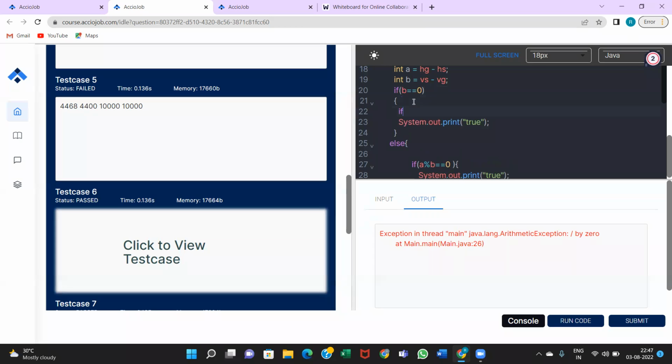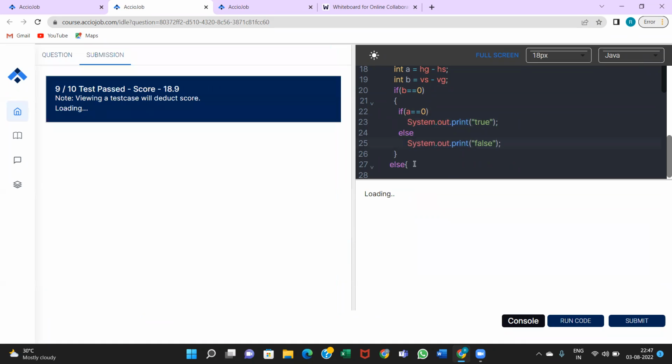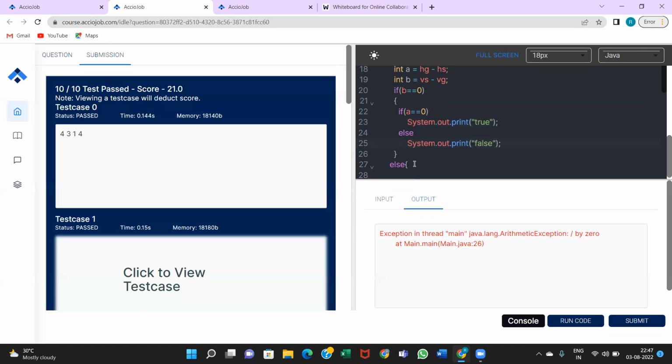If B is equal to 0, we need to check that if A is equal to 0, print this, otherwise print false. Okay. Now it is passing.